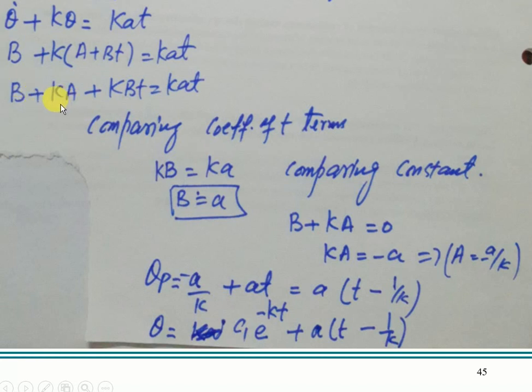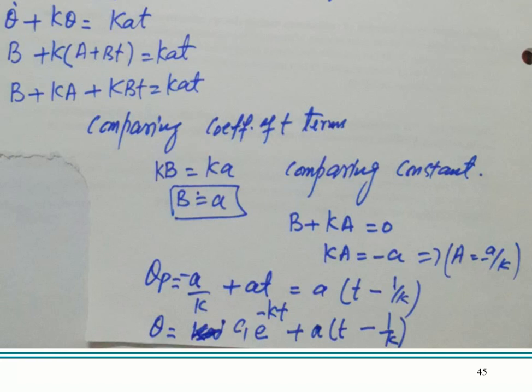So the constant is b plus ka, which is equal to 0, so ka is equal to minus b. This implies a is equal to minus b by k. So this is the way you can compare these parameters.